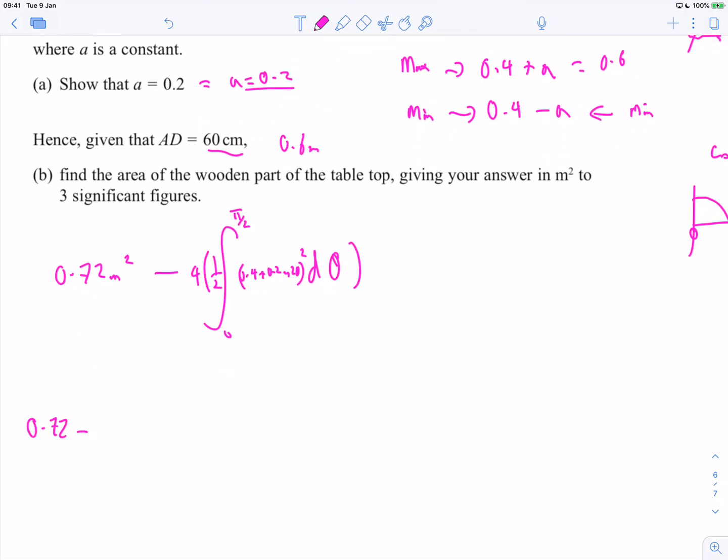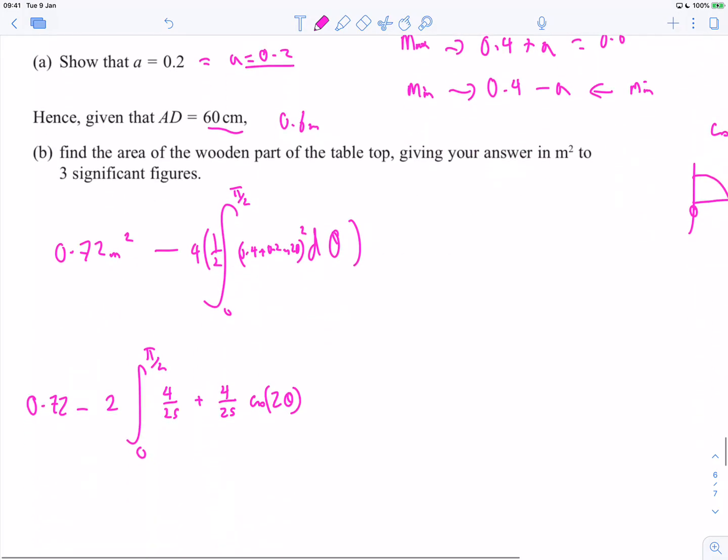So this becomes 0.72 minus 4 times a half, so that's 2, integral 0 to pi over 2. Now 0.4 squared, I know it's 4/10, I'm just very lazy, is 0.16, so that's 4/25. 4 times 0.2, 0.4 times 0.2, and then double it, means that we now have plus 4/25 of cosine 2 theta.